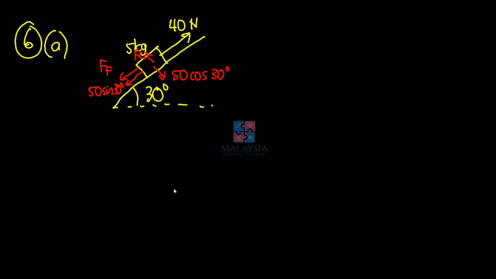Okay, so now since they mentioned that the block is about to slide up the plane, we know that our acceleration will be equal to 0, and our summation of forces will be equal to 0 as well. And if it is about to slide up the plane, we need to consider our summation of forces to be bigger than or equal to 0, because if it is less than, then it will not be about to slide up the plane.